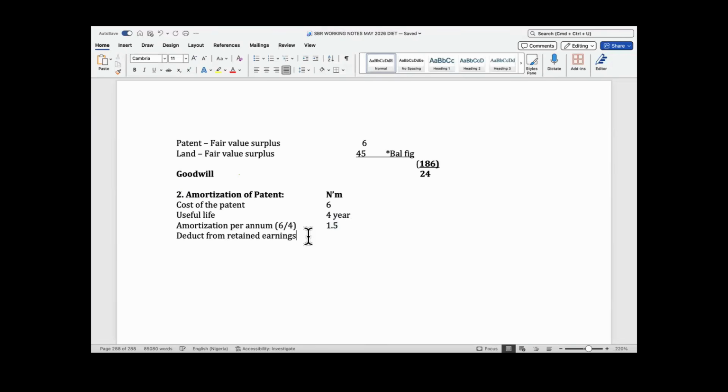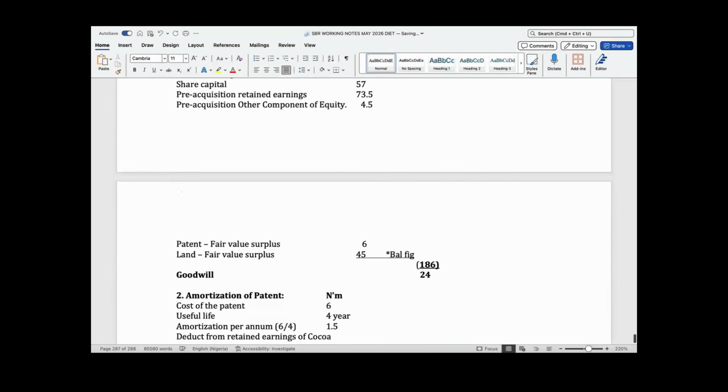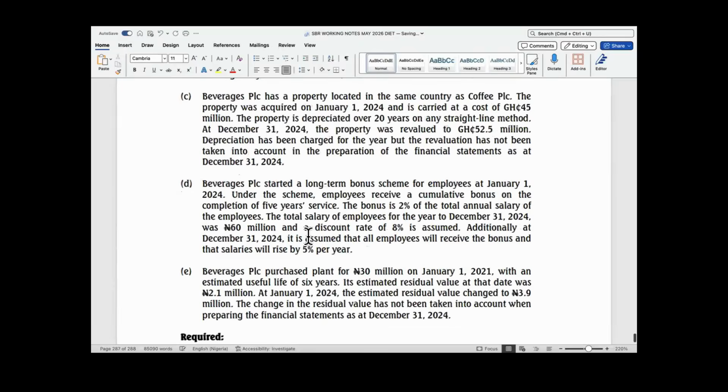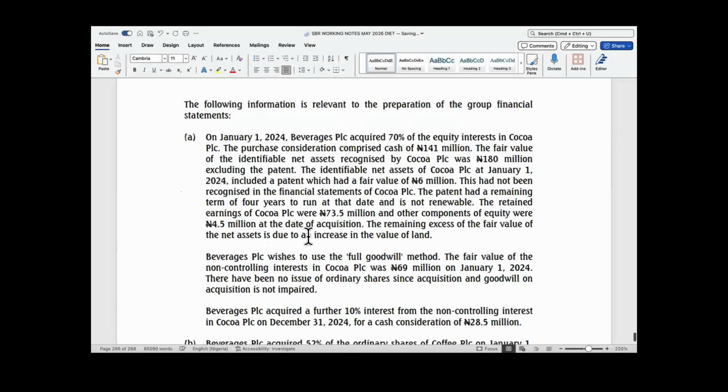I would deduct it from retained earnings of Cocoa, because this is a subsidiary's asset. And also, I will deduct from the intangible asset, which is that patent of Cocoa. It's in the books of Cocoa. And now I'm sorted with this additional information one.